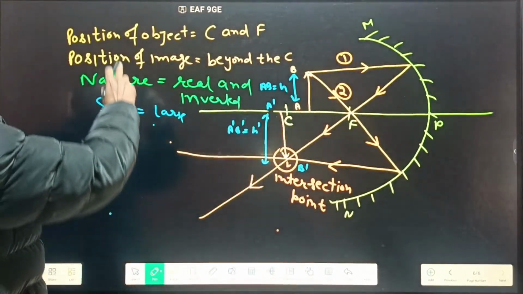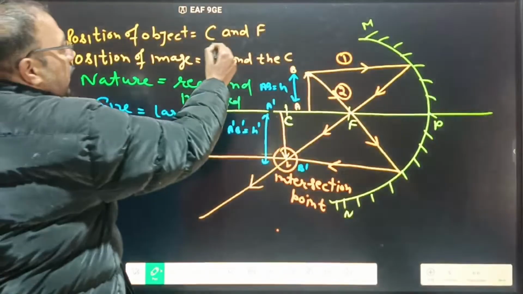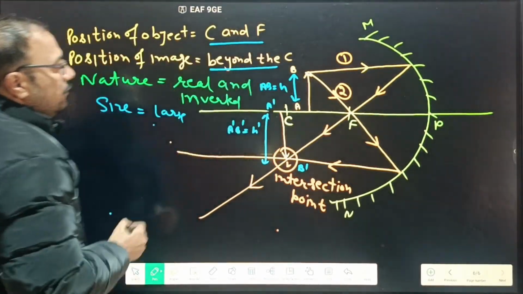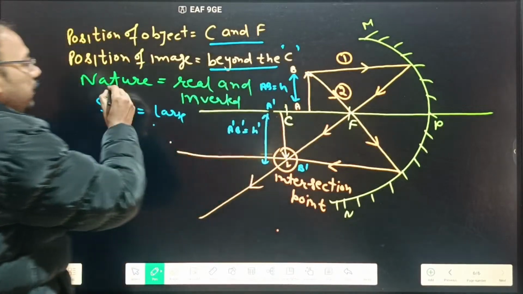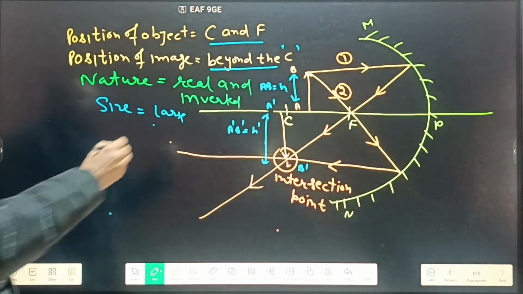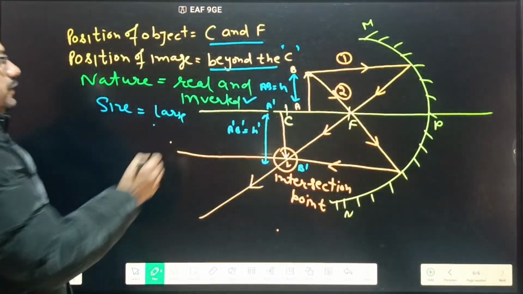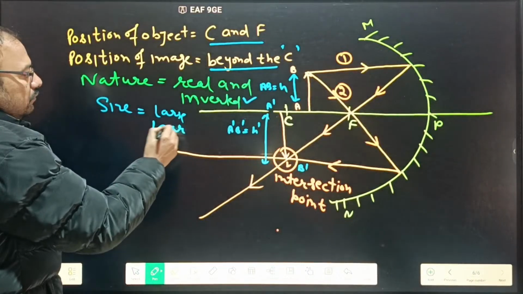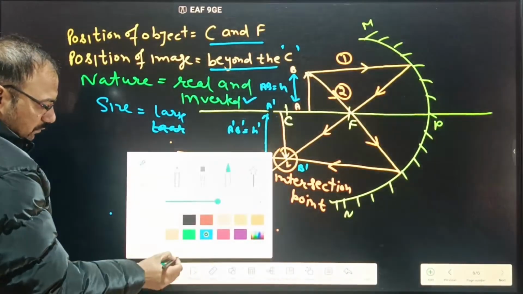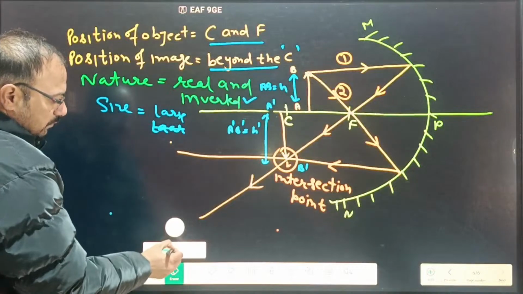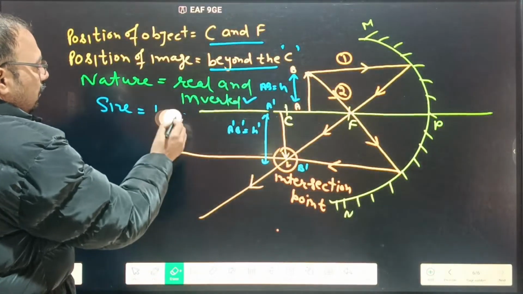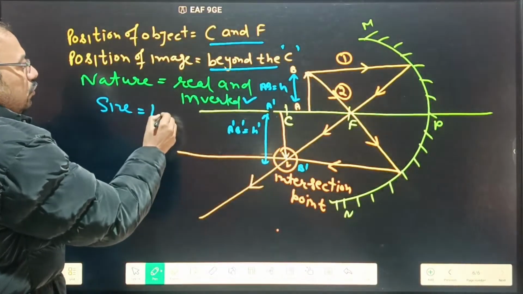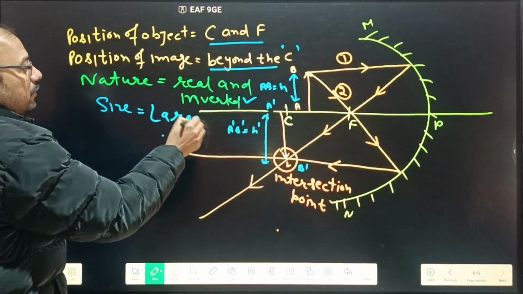So position of object between C and F, position of image beyond the C, nature real and inverted, and size large.